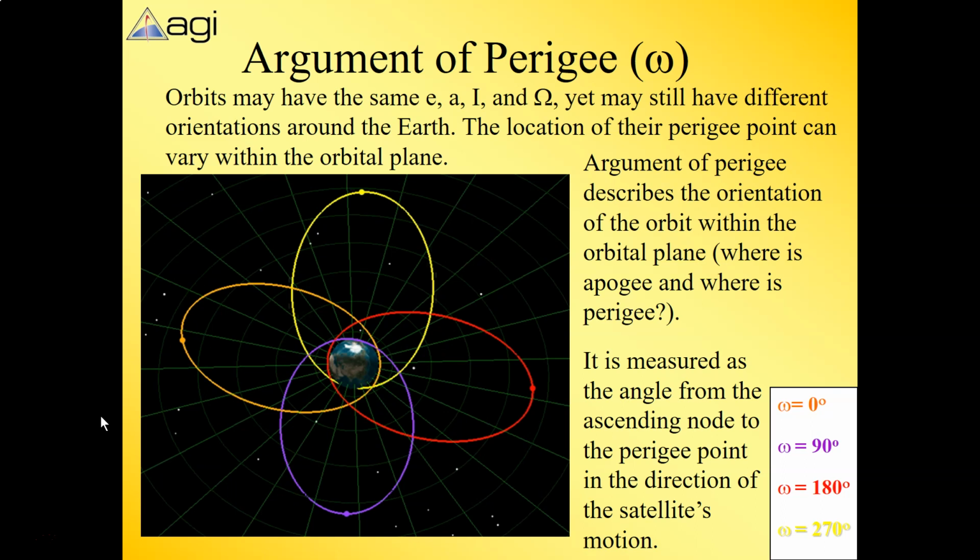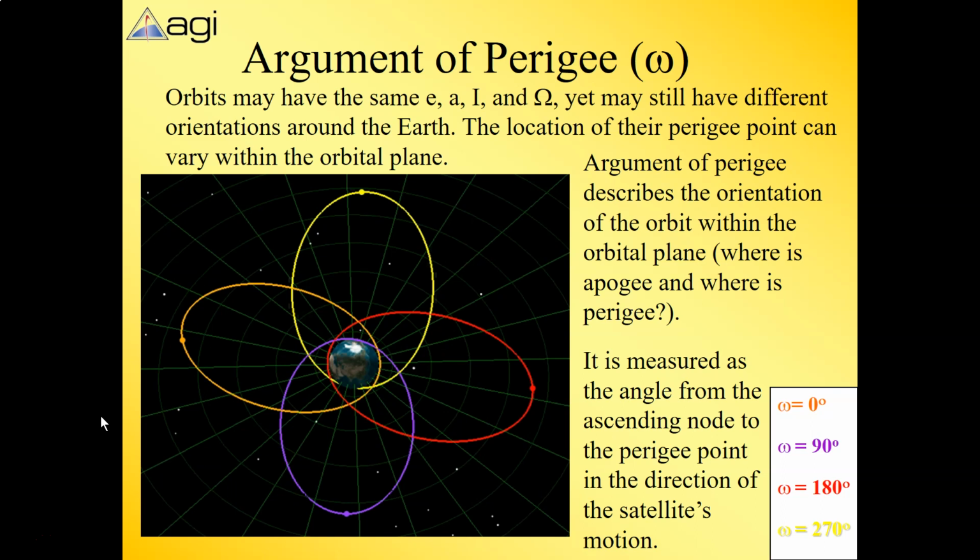The orbits in this slide are identical in all parameters except for that argument of perigee. All of them have the same ascending node. All of them have the same tilt or inclination.